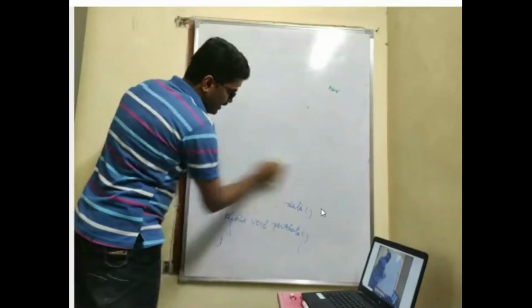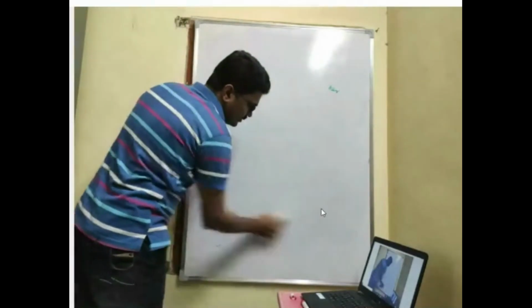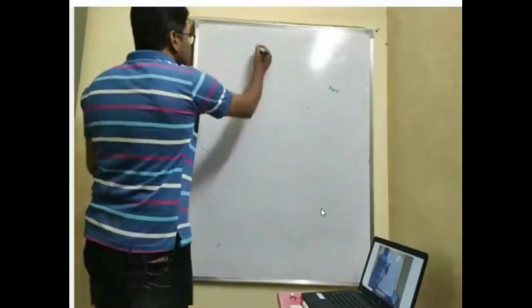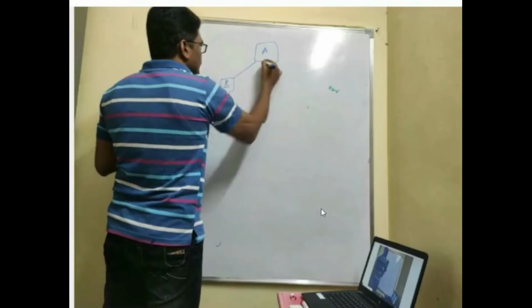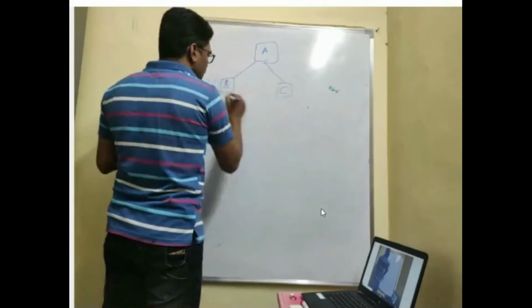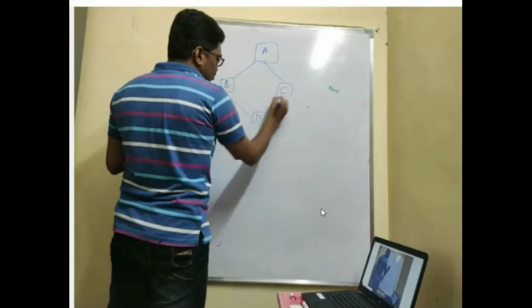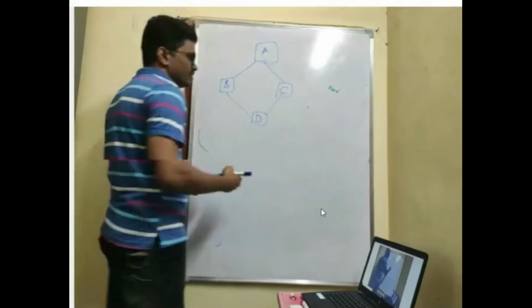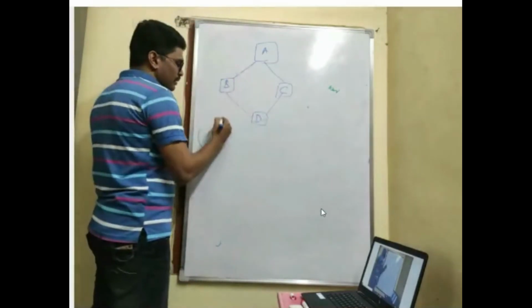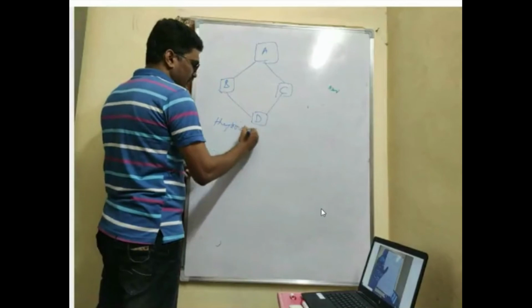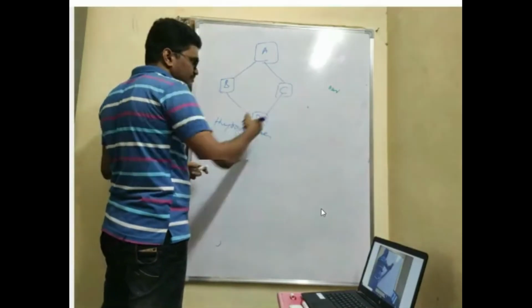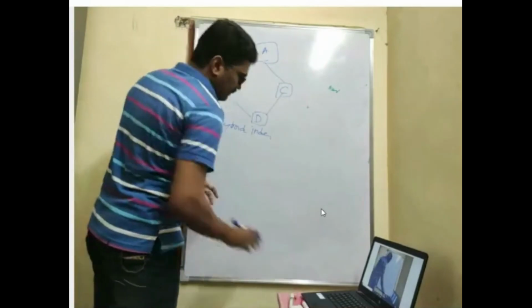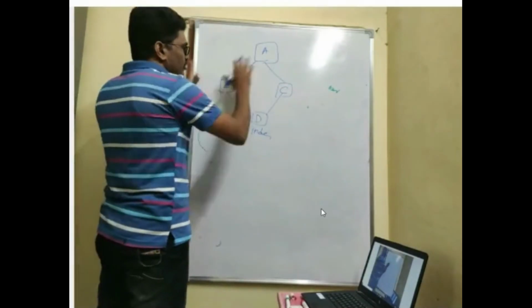There is something called hybrid inheritance, which is a combination of different things. You can write A, B, C with different types of inheritance. This is one type. You can have any combinations. This is called hybrid inheritance. Now I have combined all the things.